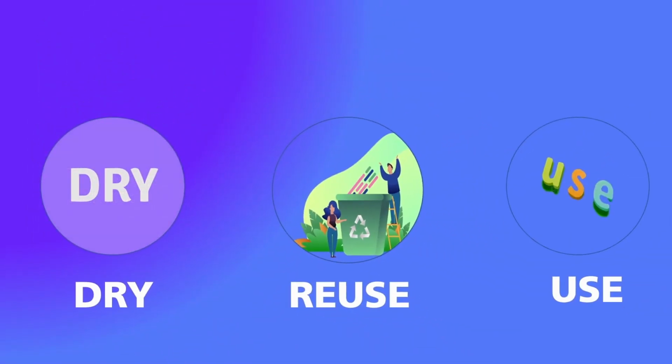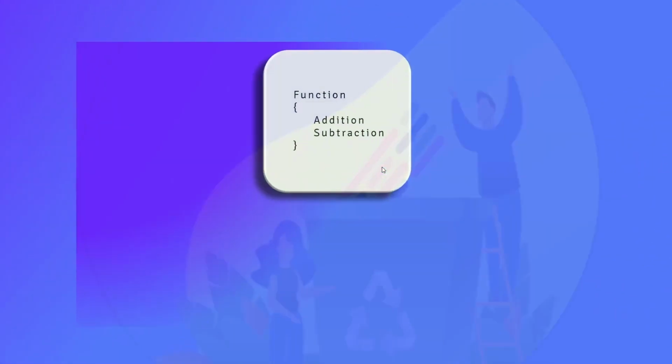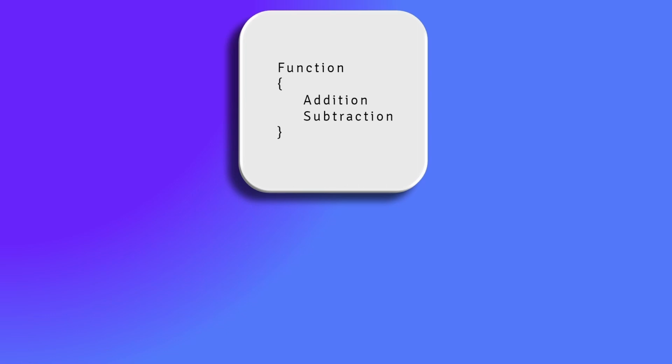Next, we are going to see about reuse. Here you can see within one function we can write the whole logic and it will be more complex. Instead of this we can write each logic separately and we can reuse it again and again.